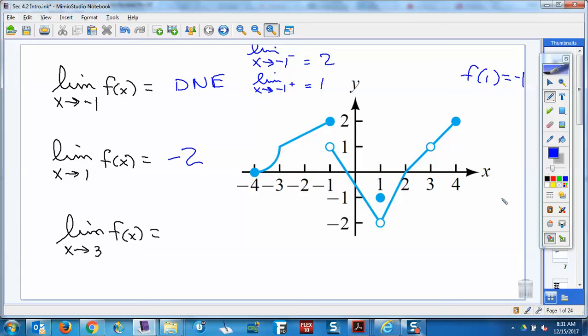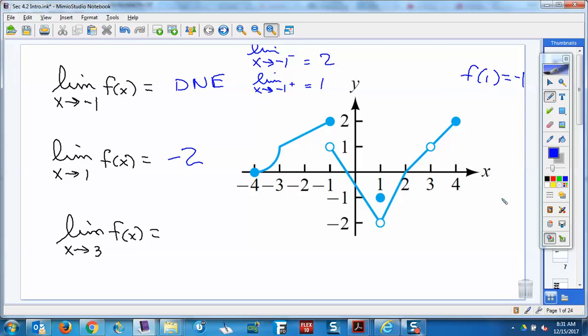Right here, this is discontinuous because the limit had to equal the actual output. The limit as x approached 1 had to equal f of 1. It doesn't. But there is a limit. The limit is -2. That's what the cars are approaching. But the function is discontinuous because the limit is not the same as the output.